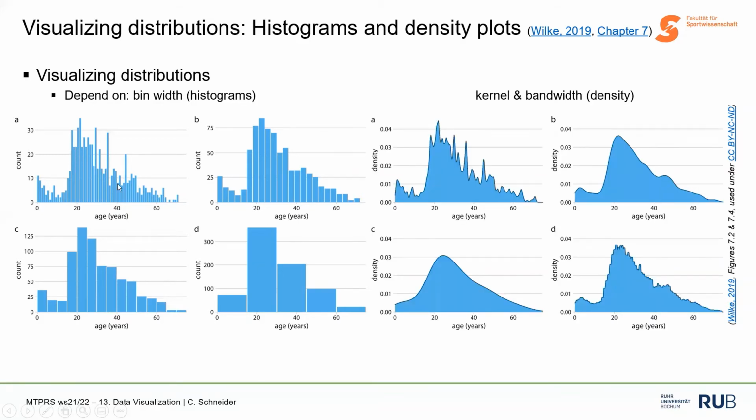We can also use density plots instead of histograms. If we decide on different kernels or bandwidth, the distributions will look different. So yes, it is a good choice to visualize distributions in terms of histograms or density plots, but depending on the selection of the parameters, the distributions could look different. And this is what we have to be aware of.